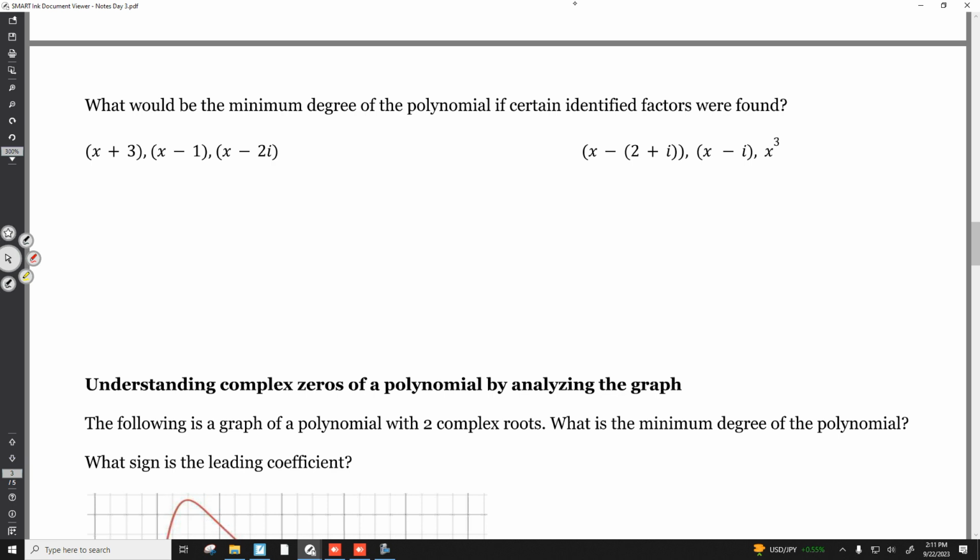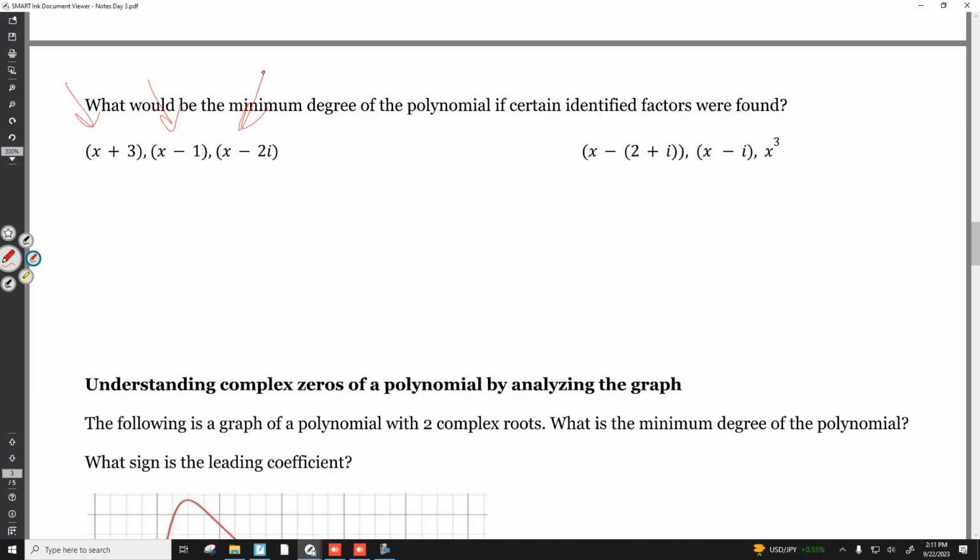Now, if you know of certain factors of a polynomial, the question is, what would the minimum degree of the polynomial be? Well, I know x equals -3 has to be a root. I know x equals 1 has to be a root. I know positive 2i has to be a root, so negative 2i has to be a root as well.